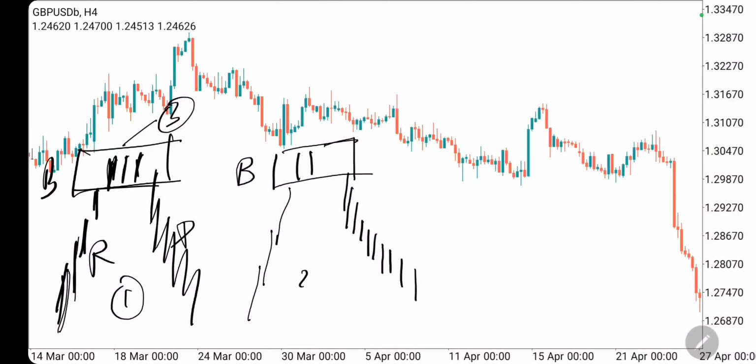And look at the supply, the drop. We have this candle right here, another candle right here, another candle right here, like this. Now this is scenario number 1. This is a drop.